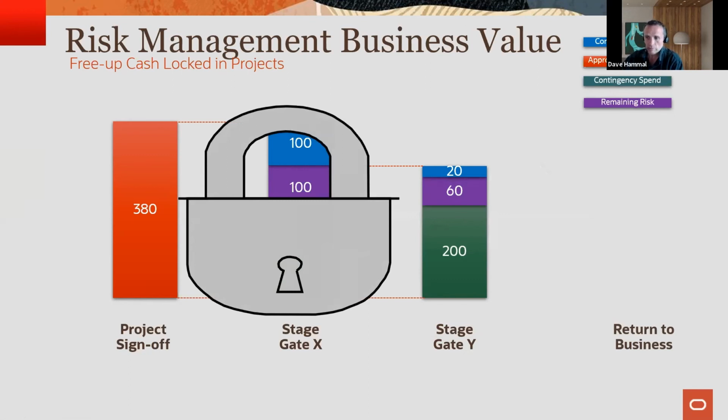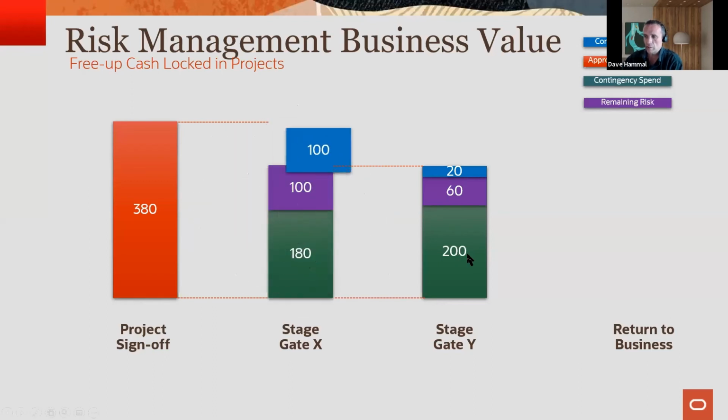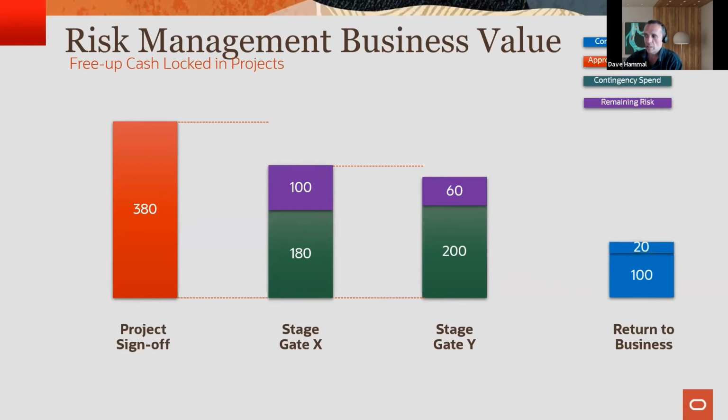But using this tool, you can get assistance, as you've seen, with the contingency estimate up front and tracking that spend, so that you can get to this point where you are confident that you have spare contingency and you can then return it to the business. And as Martin mentioned in his slides, that can then be used elsewhere to help fund other projects, rather than have contingency layered and sat in projects not being used.